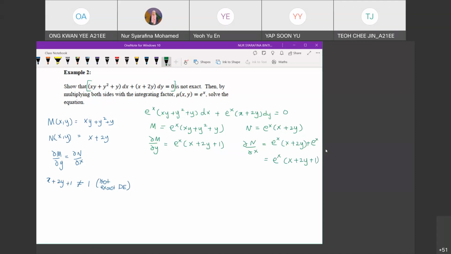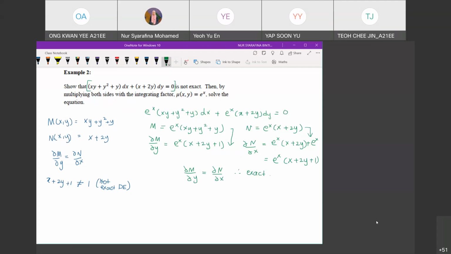So now del M del y equals del N del x. So it is exact. Just differentiate this by using the product rule, right? Now both are equal, so it is exact. Then we can find the solution.